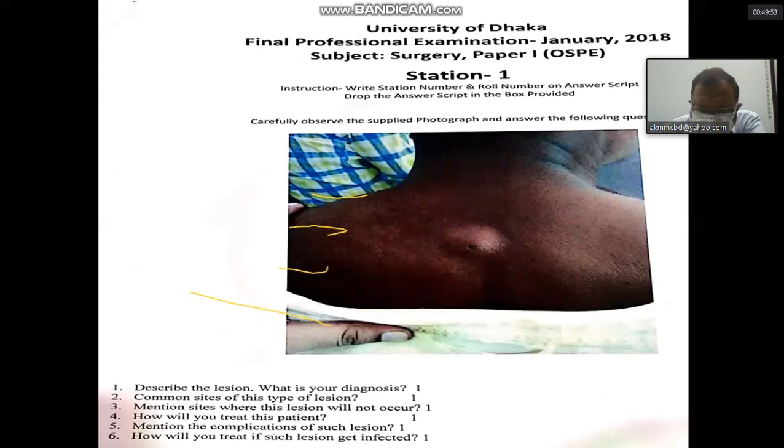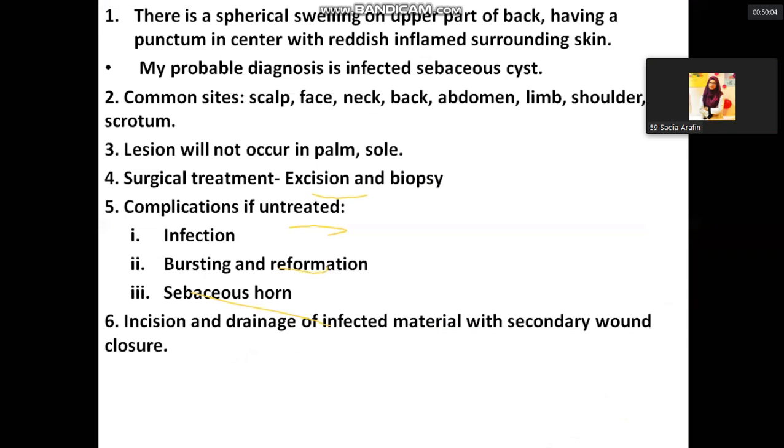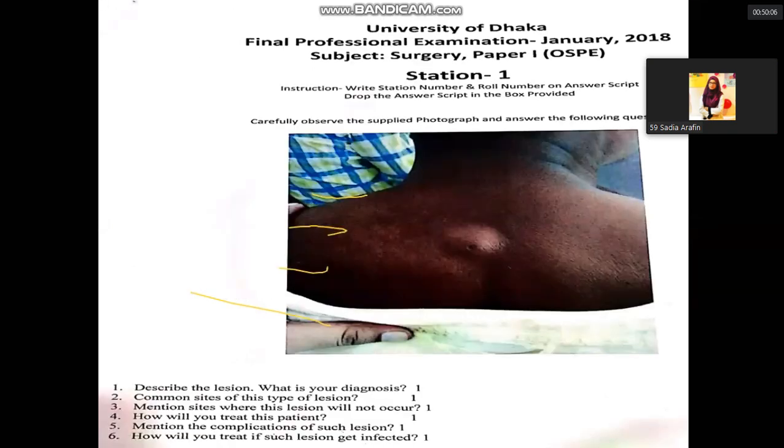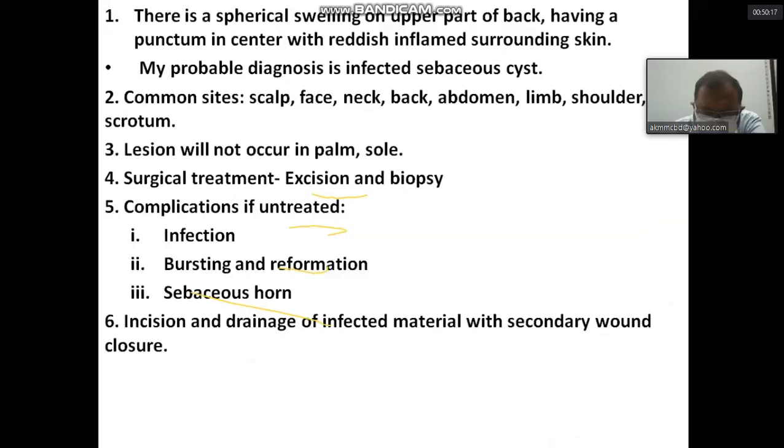What complications if this patient does not get this treatment? So infection, then it may burst, then ulceration or calcification. Okay. In here, it will be infection, bursting and reformation, and sebaceous horn may develop.